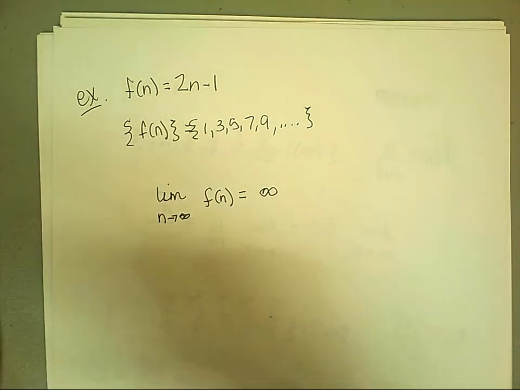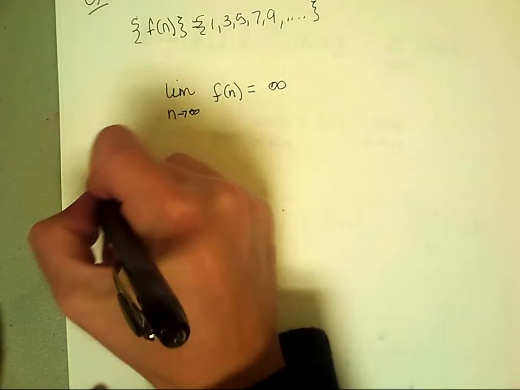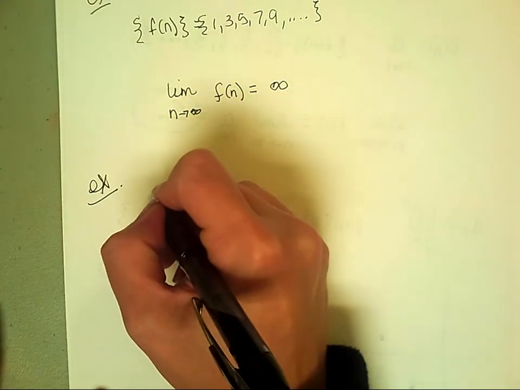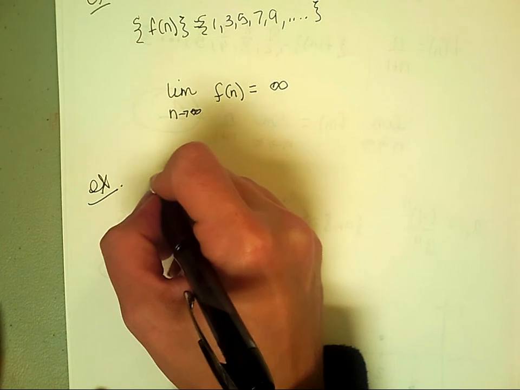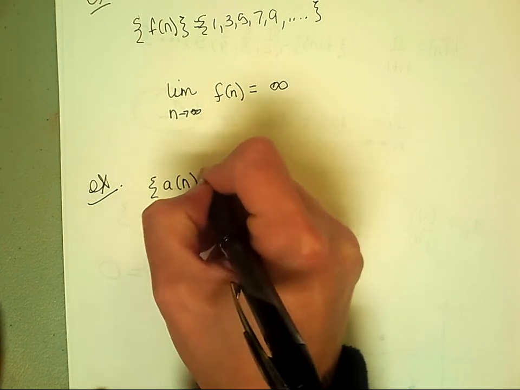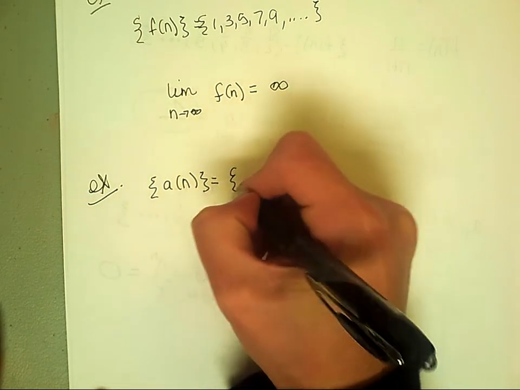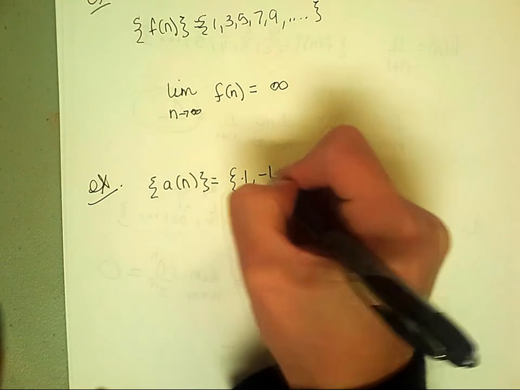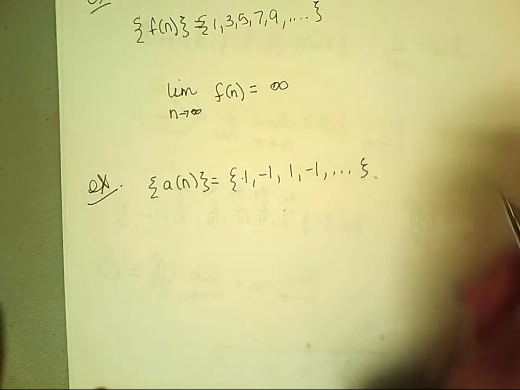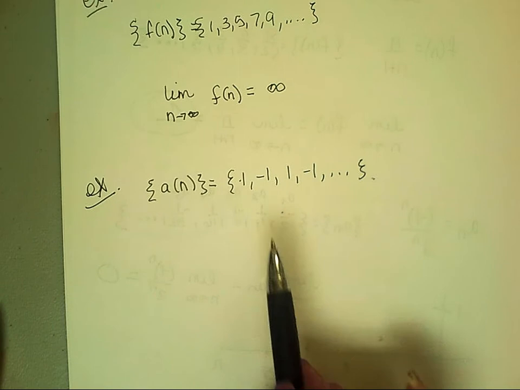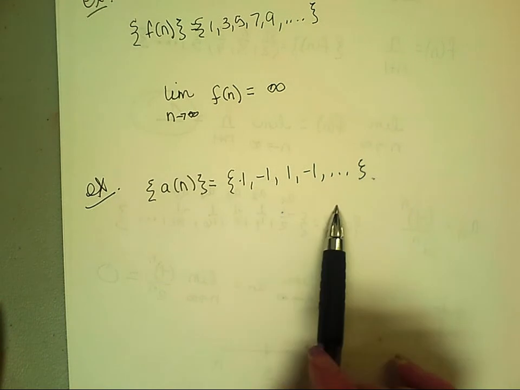Now what about this alternating series? Does this have a limit? That was a of n, which is equal to the set of 1, negative 1, 1, negative 1, etc. Now, we did say that this sequence was bounded from above and bounded from below.